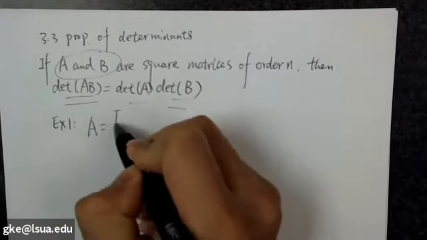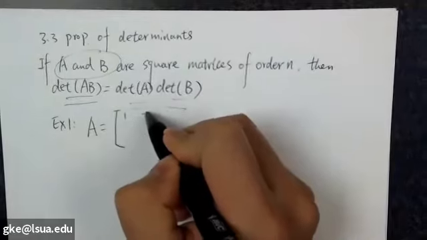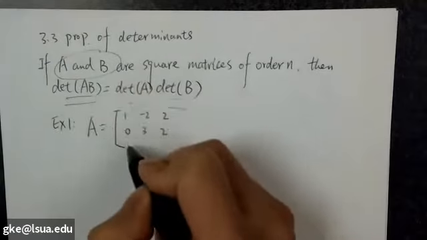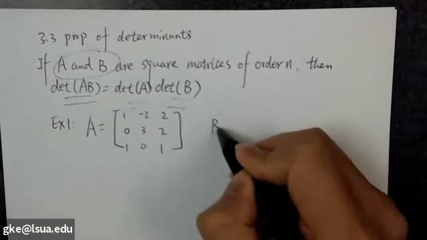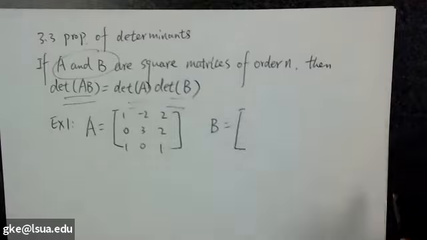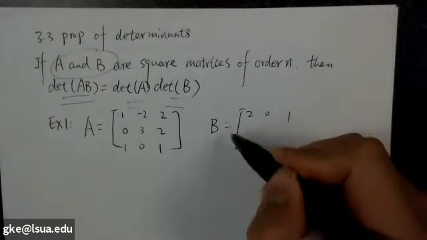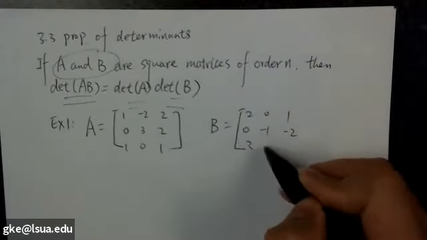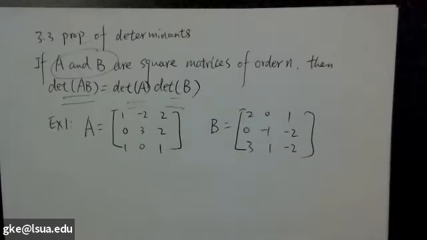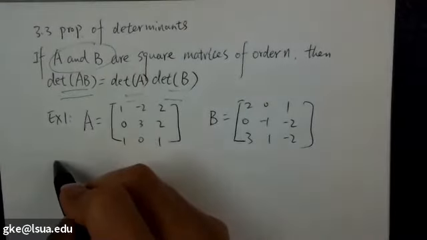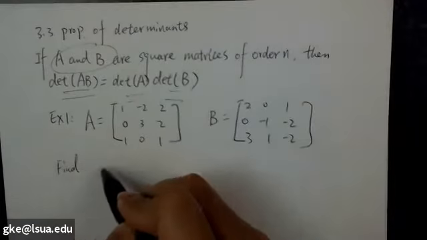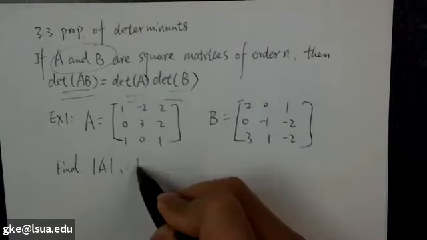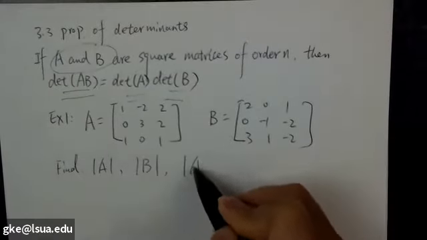Now, I'm gonna let you guys try one example. A equals 1, -2, 2, 0, 3, 2, 1, 0, 1. B is 2, 0, 1, 0, -1, -2, 3, -1, -2. Okay, I want you guys to find the determinant of A, determinant of B, determinant of AB.